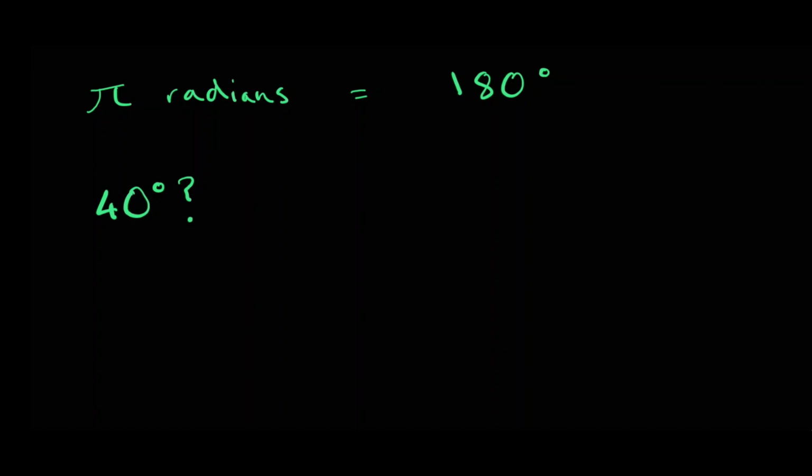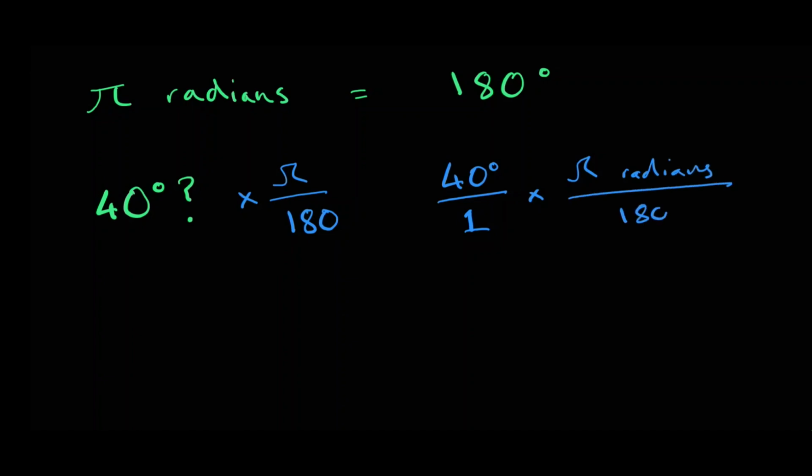To convert from degrees to radians, you multiply by pi over 180. And I'll quickly explain why for those that are interested. When we multiply by pi over 180, we're essentially doing 40 degrees divided by 1 times pi radians over 180 degrees.